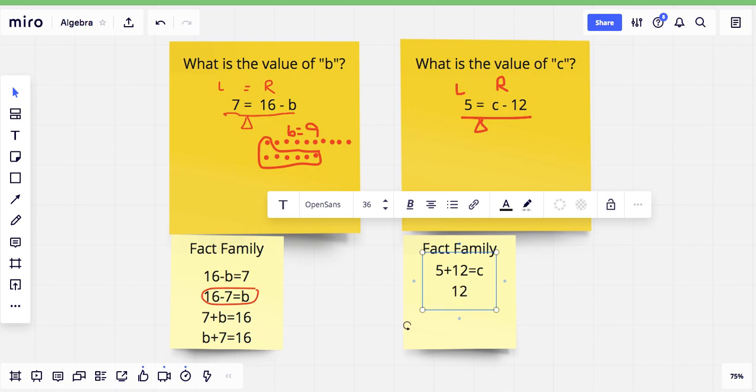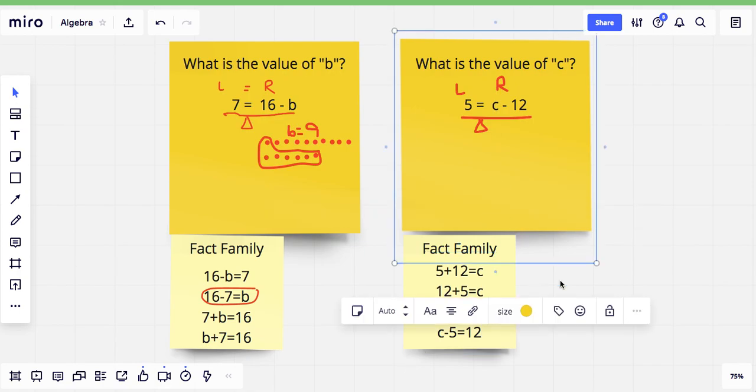And 12 plus 5 would equal C. And if I was to do subtraction problems, I would have C take away 12 equals 5. That's what we have up top. And I could do C take away 5 equals 12. So there are my expressions.